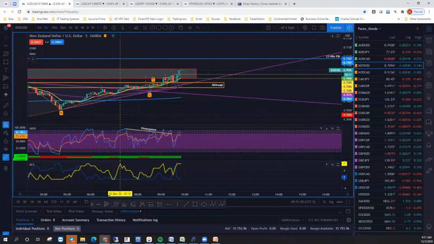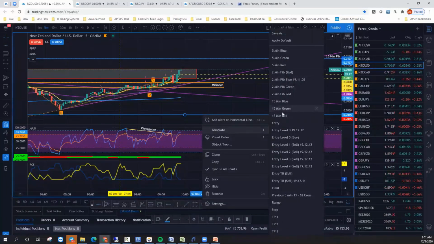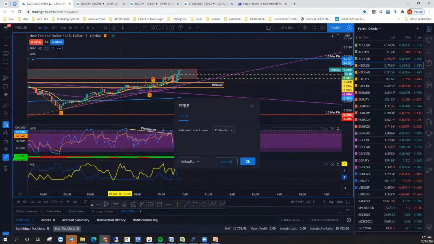Now mark the 15-minute red. And then we should have some points in between on the 5-minute.